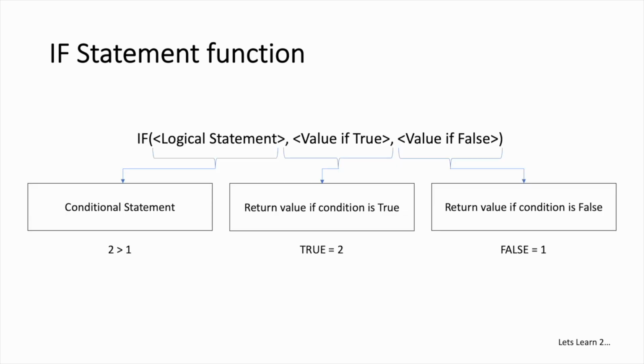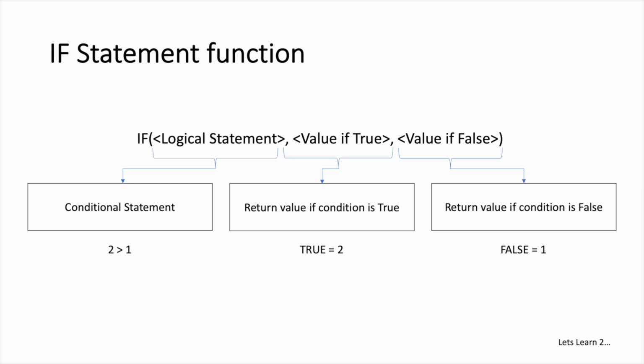Let's have a look at the syntax of this formula. It comprises mainly of three parameters: the logical statement or the conditional statement, in which you set the condition. This is where you tell Excel what needs to be executed if a certain condition is met. The second parameter is the true statement: if your conditional statement is true, then what value will be returned.